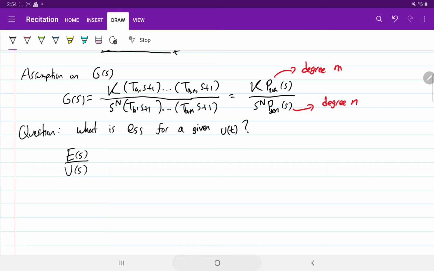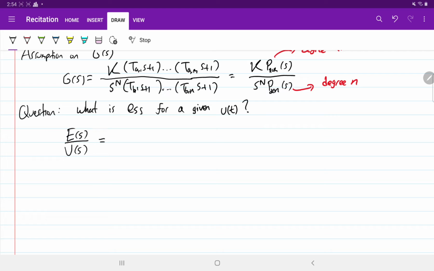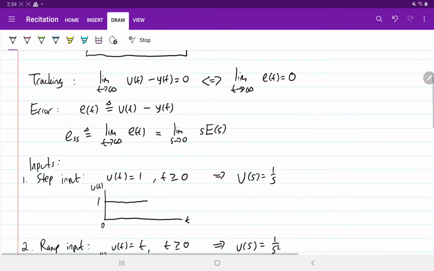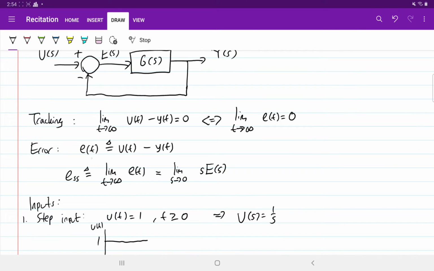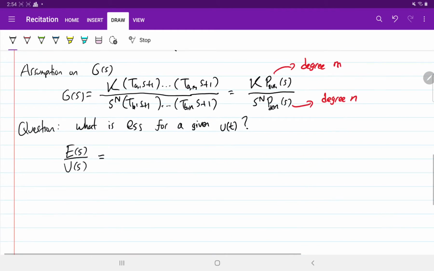Because if we know the input, then we can determine the error. So what is E of s? E of t is u of t minus y of t. So E of s is nothing but u of s minus y of s.